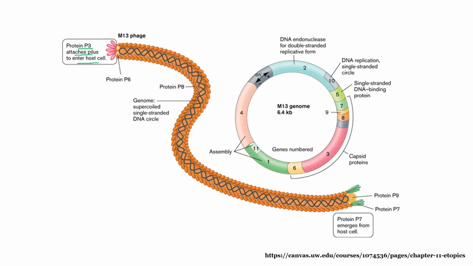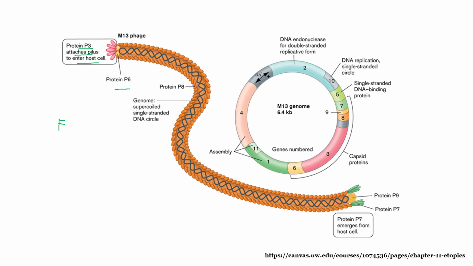So if P3 is the attachment protein that helps the bacteriophage to attach to the host cell, the receptor used in attachment is the F pilus, which is also called a sex pilus. Which means that this M13 bacteriophage can only infect cells which have the F pilus. So the male E. coli cells, which carry the F episome or the F plasmid.